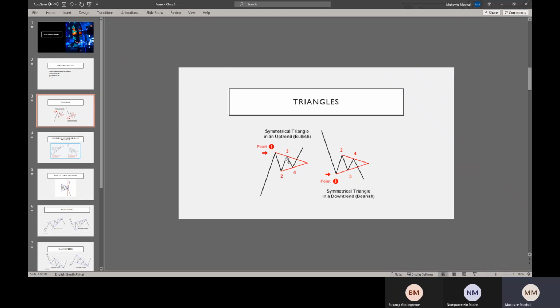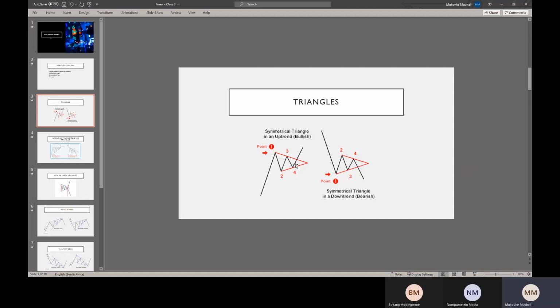Now with this triangle, it's not really forming a certain trend, because if you recall, the essentials of an upward trend is that it forms higher lows, right? And then it also forms higher highs. In this case, you have higher lows being formed as well as lower highs being formed, right?